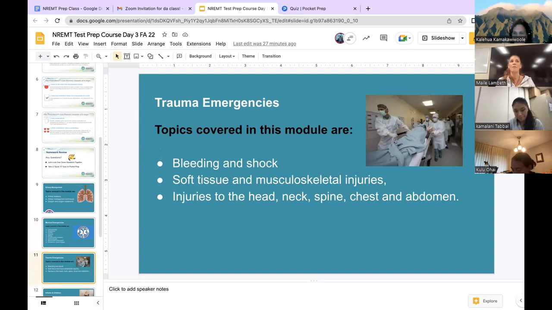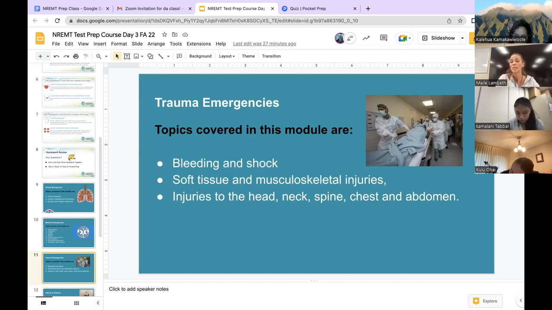Pale, cool, diaphoretic, right? And what happens to the blood pressure when our patients are in shock? It's going to be low, right? You're going to see those low blood pressures. So look for the low blood pressures, those pale, cool, diaphoretic signs. If you see those keywords in there, they are trying to communicate that that patient is in shock, and you need to treat for shock in accordance with your skill sheet.